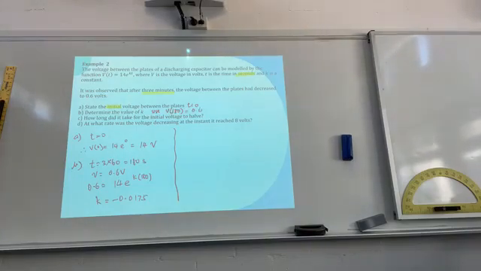Note the unit: you need to change minutes to seconds. Then you can find your k. You can use solve to do that, and then you should be able to find k equals minus 0.0175.